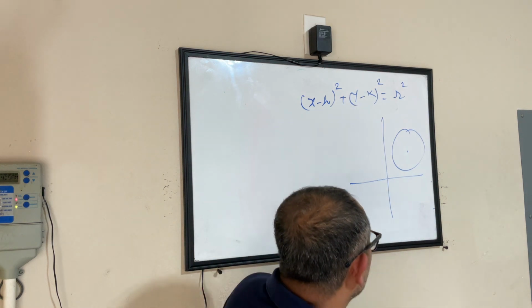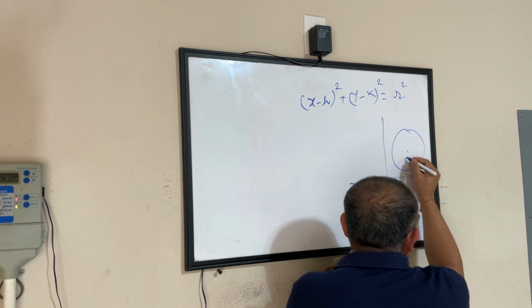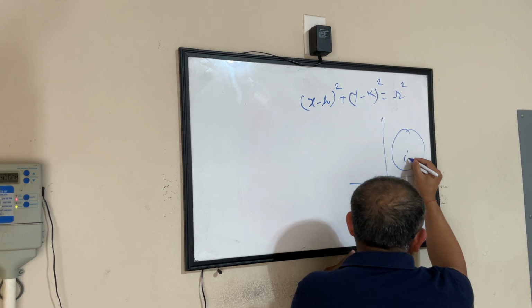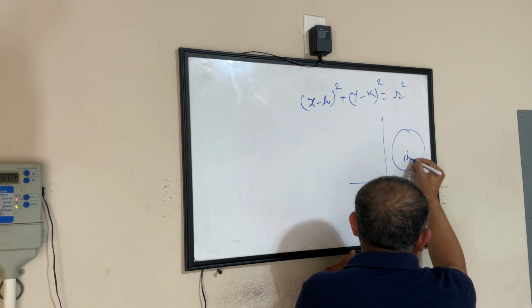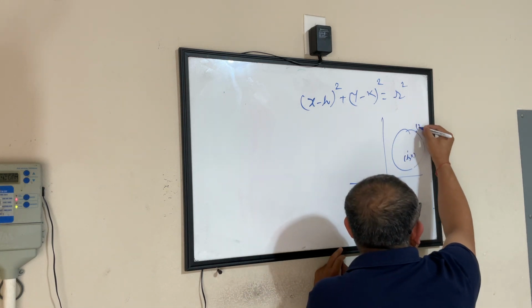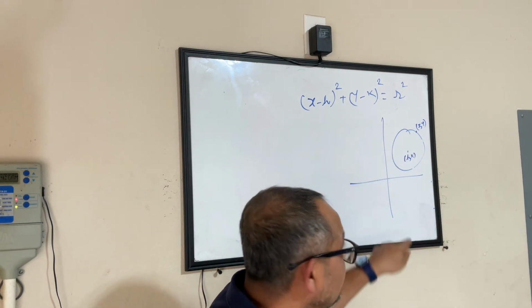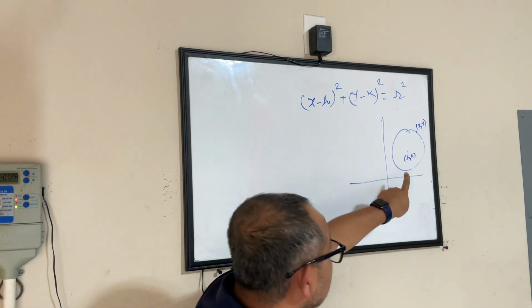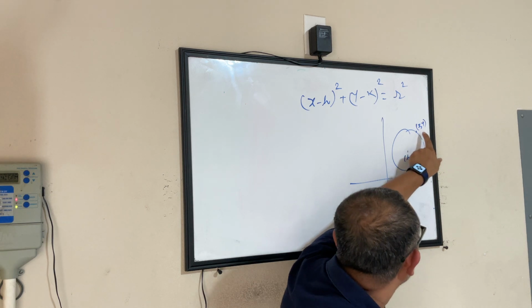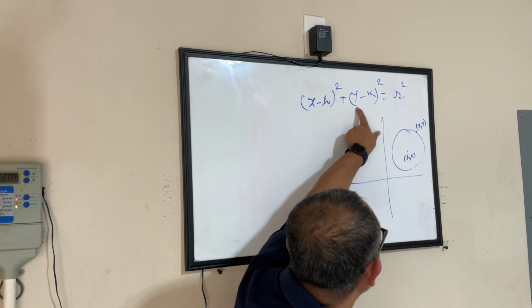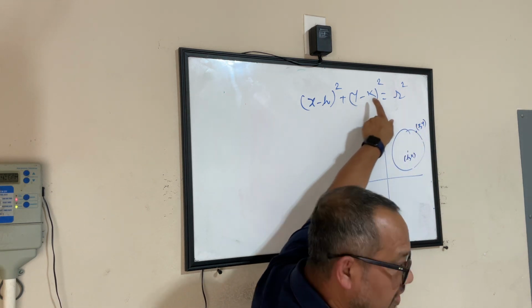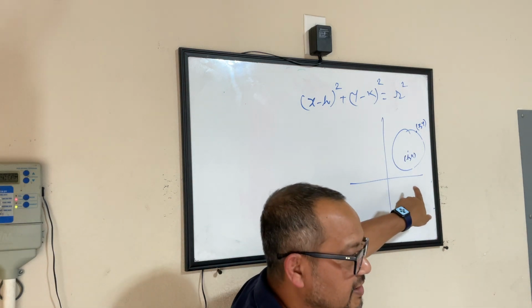So here, what did we see? I'm just trying to do a recap. We saw that the coordinates of the center were h, k, and we had picked up a point x, y, which was on the perimeter, and that defines this. So if you look at it carefully, x and y are the variables that will keep on changing. H and k will not, because that's a fixed point.